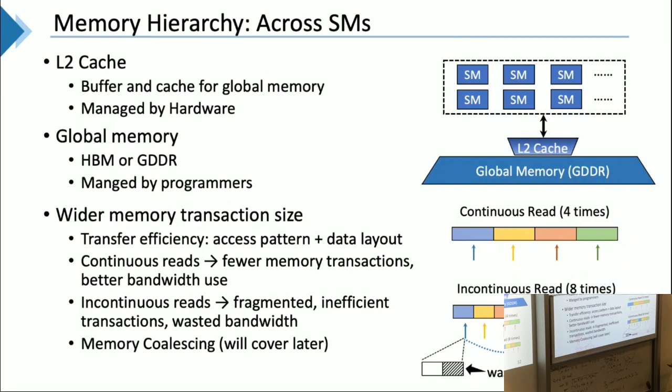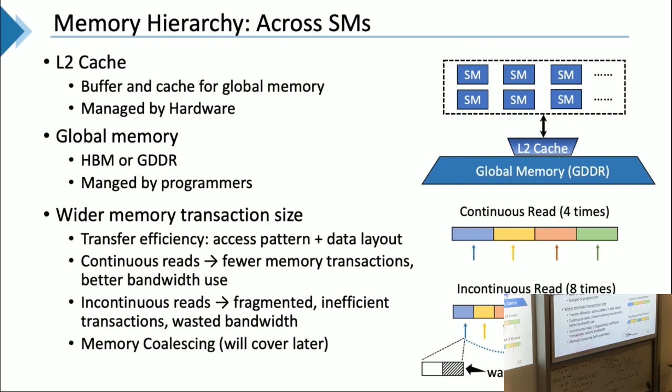So global memory nowadays uses high bandwidth memory, and some students came to ask me about this. When we have the memory hierarchy, I mentioned this transaction size, right? So here I use another example to explain why the lower level memory hierarchy will have a wider transaction size and why this will cause a problem.